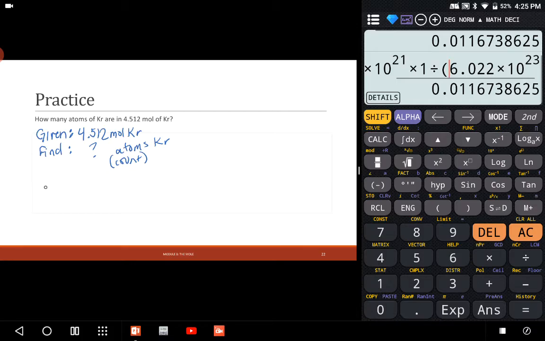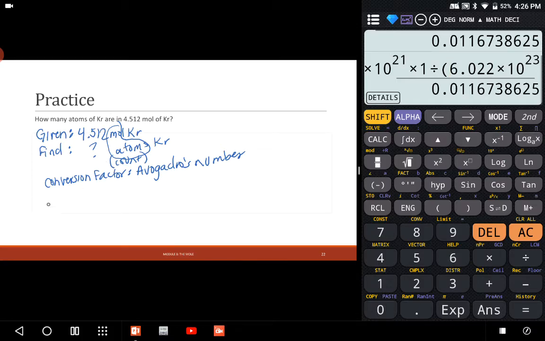Moles and counts, I'm going to have to use Avogadro's number as my conversion factor. And so moles and counts of things tells you Avogadro's number is what you need.